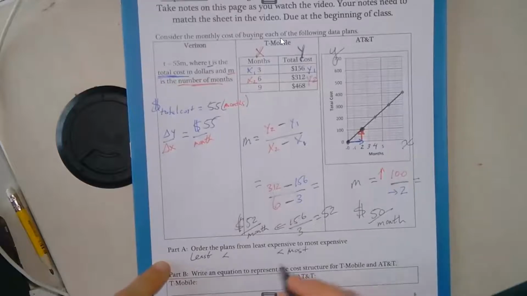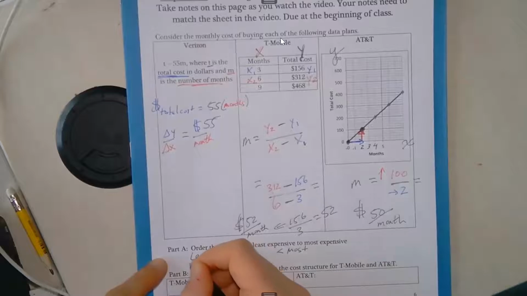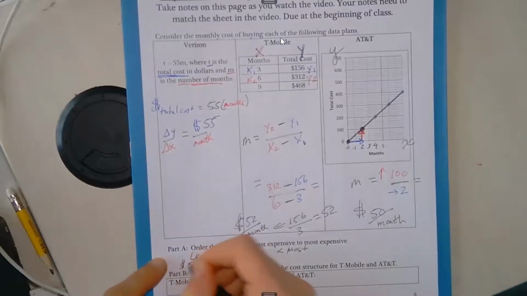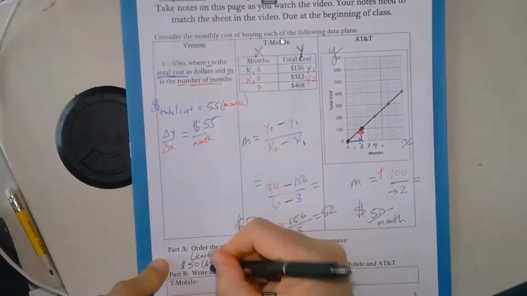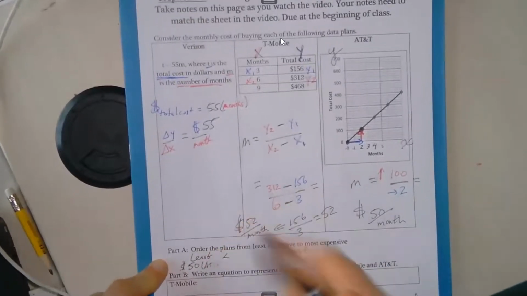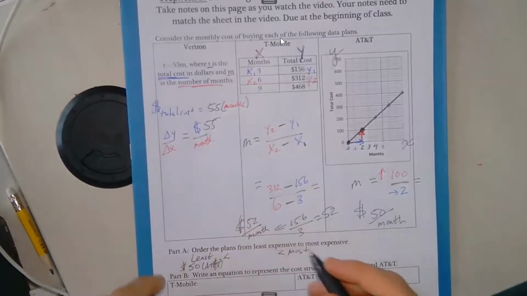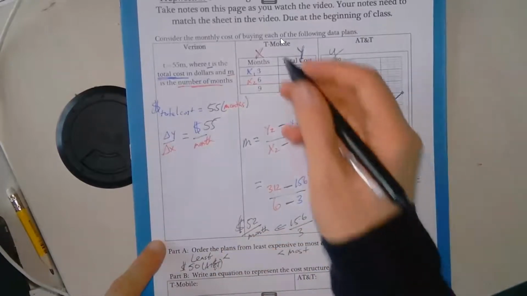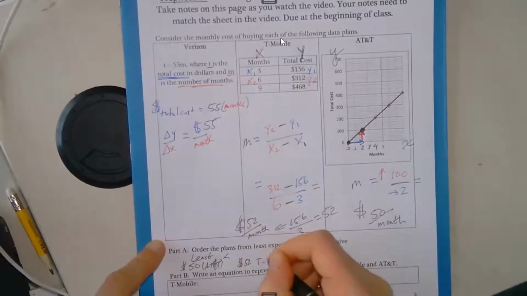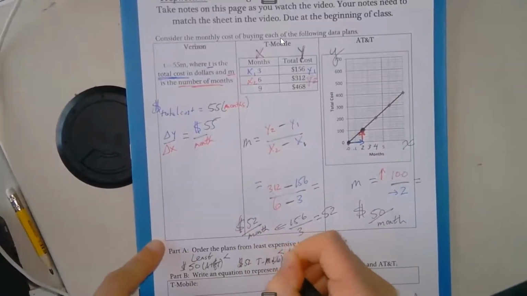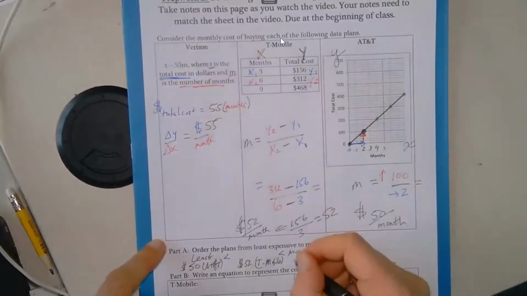Okay, so the one that is least here is $50 per month, $50 AT&T. Then in the middle, we have T-Mobile, which is less than Verizon at 55.